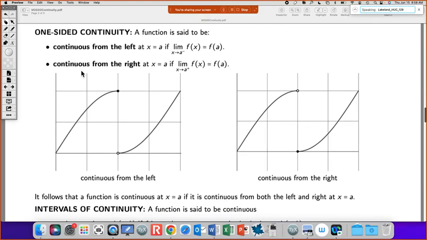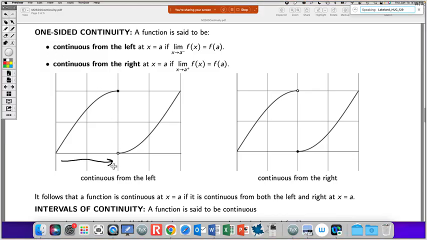And so here's the pictures for that. Once again, as you go through this course, you're going to have theorems and concepts that you're going to be able to write down, but it's really helpful if you have pictures in your head that go with them. You follow? A lot of what you do is: here's the picture, what's the concept? Here's the concept, what's the picture? So here's continuity from the left.